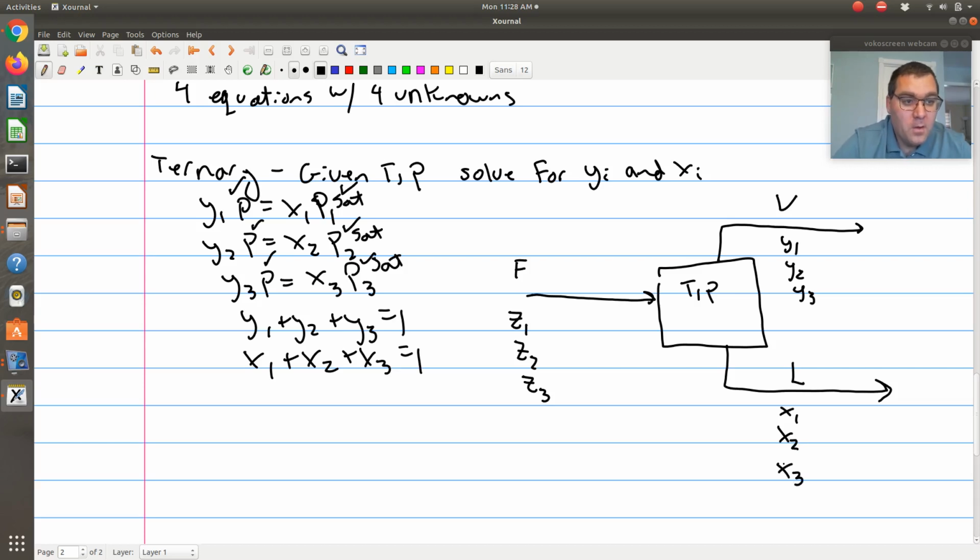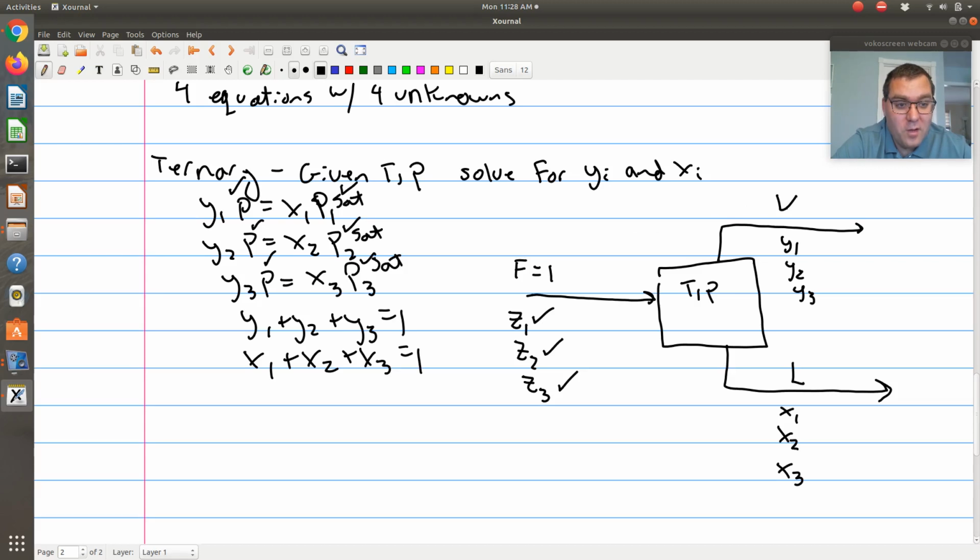Looking at this setup, I don't know the amount coming out as vapor or liquid, or the compositions of each. I know the composition of my mixture, it's 1/3, 1/3, 1/3. We don't know F, but what we typically do is assume a basis of F of 1.